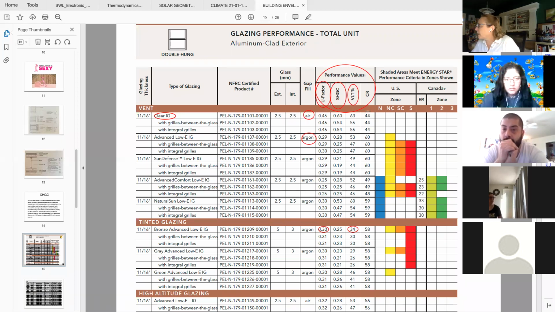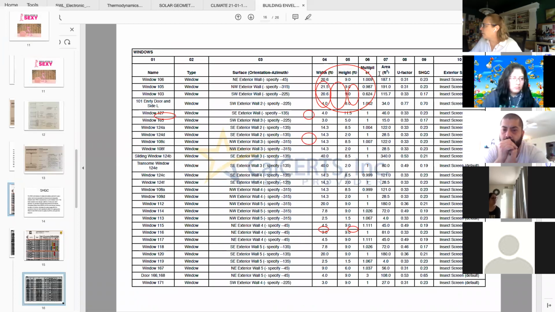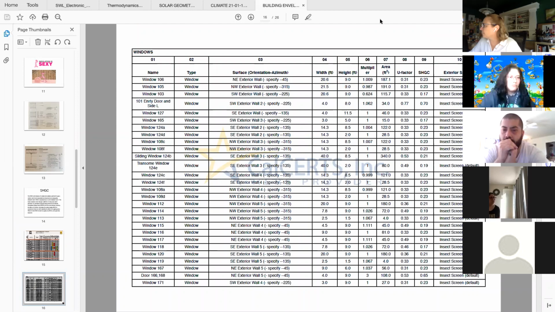So taking our performance values from whatever window we decide to go with, and then this, oops, back to mouse. Here's a page out of Title 24, just some random sheet from some project at some point.